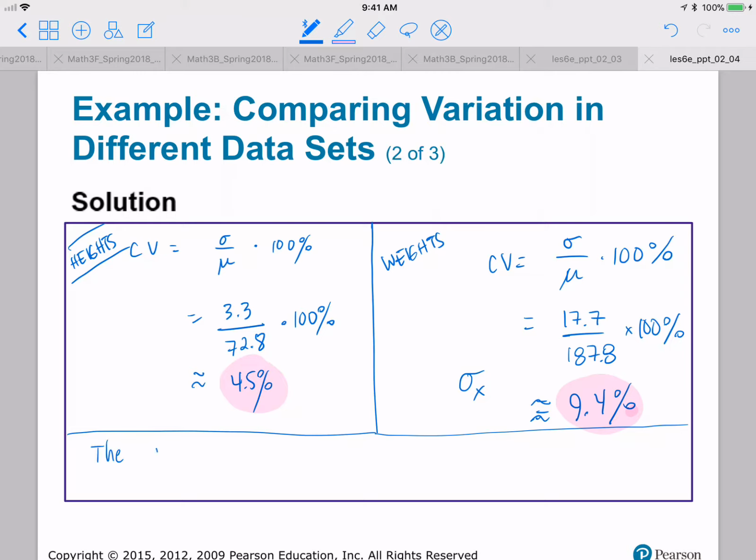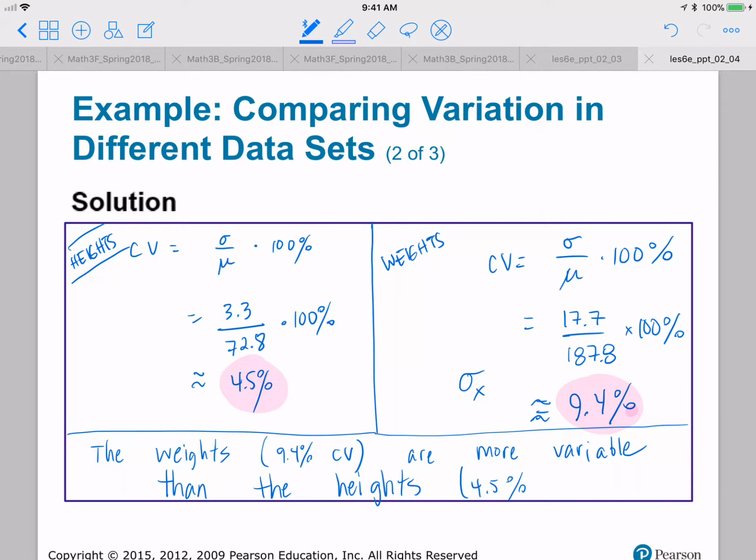So we say the weights of the basketball team, which have about a 9.4% coefficient of variation, are more variable than the heights, which had about a 4.5% coefficient of variation.